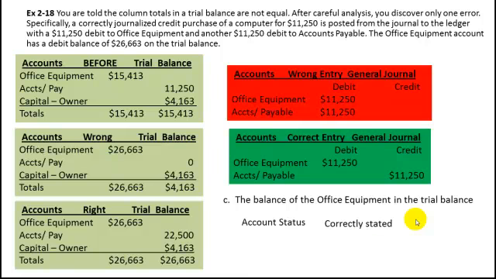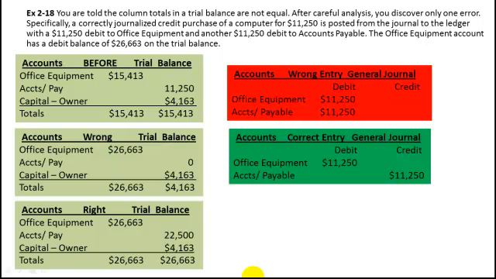The status would be it's correctly stated and there's nothing out on that. Even on this incorrect trial balance, the equipment account is correctly stated at $26,663 because you just took the $15,413 and added to it that latest purchase, and so even on the correct one, they both match. Part D, the balance of the accounts payable account in the trial balance.